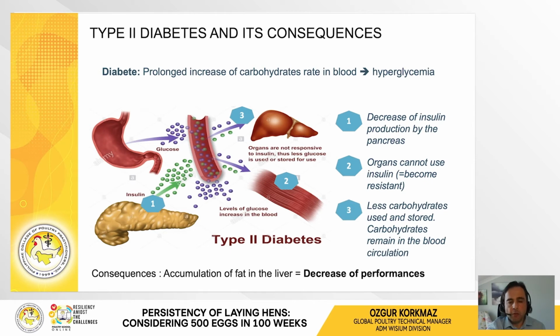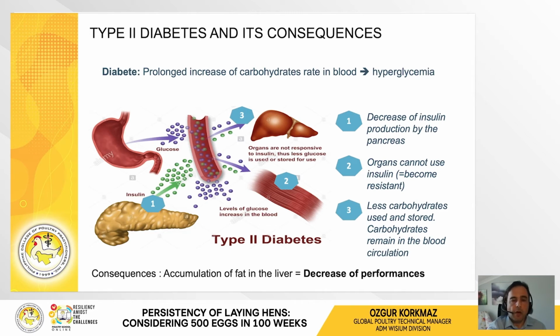A lot of carbohydrate and glucose remain in the blood circulation. This is typical type 2 diabetes. It is the same for laying hens, because we give them ad libitum feed during the day, and the liver is working too much, with a lot of pressure on it.